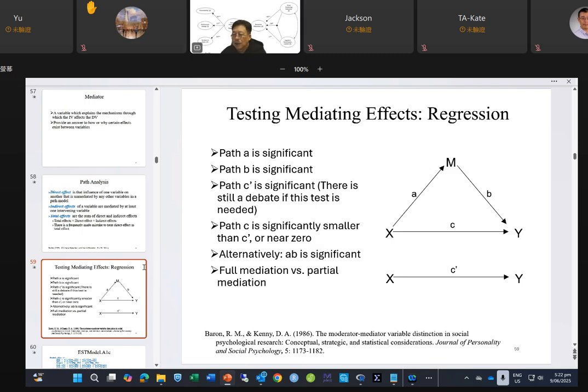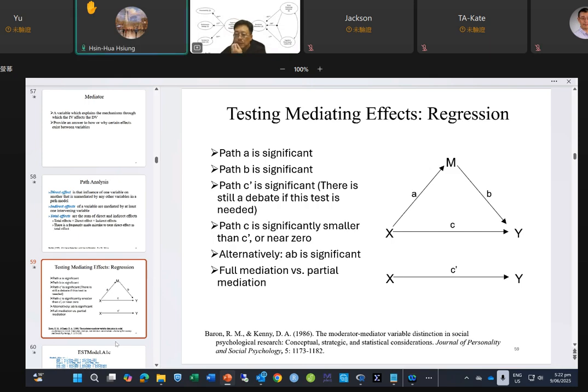Sometimes things take time to happen, right? Then we need to add X to M2, X to M3, X to Y. Well, typically we will not add M1 to M3. You can, and then M1 to Y, M2 to Y. You get it?